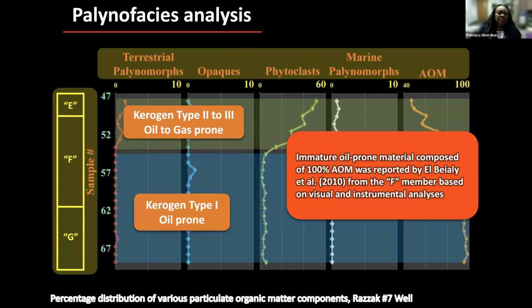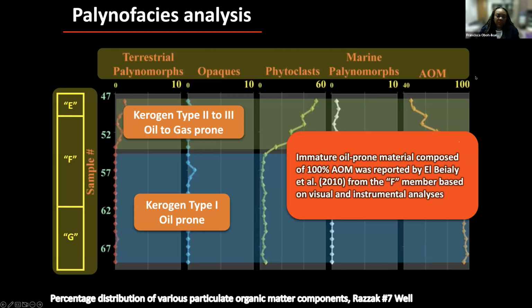So the focus here was on the palynofacies. It shows the terrestrial palynomorphs. We used just 6 categories here: the opaques, phytoclasts, and then the marine palynomorphs, and then the amorphous organic material.